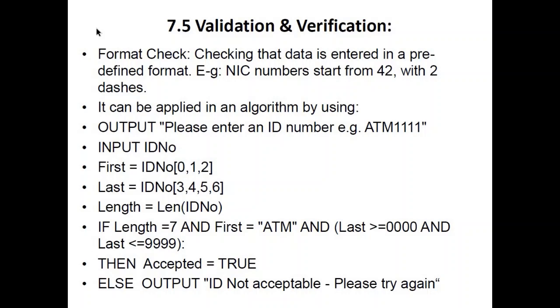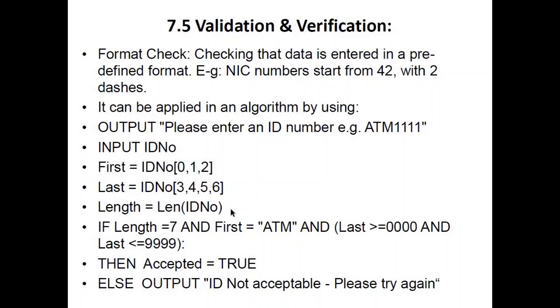Input ID number, then we break this ID number into 2 parts. The first contains the first, second, and third member of this ID, and the third, fourth, fifth, and sixth. The last 4 characters are placed into a variable that is known as last.